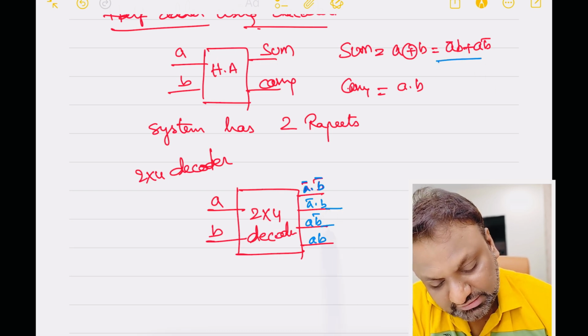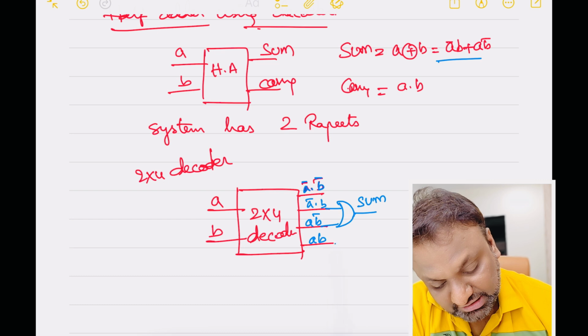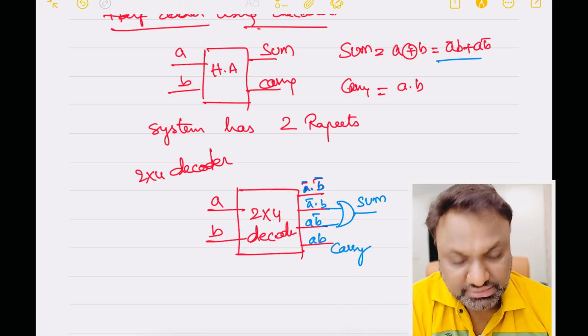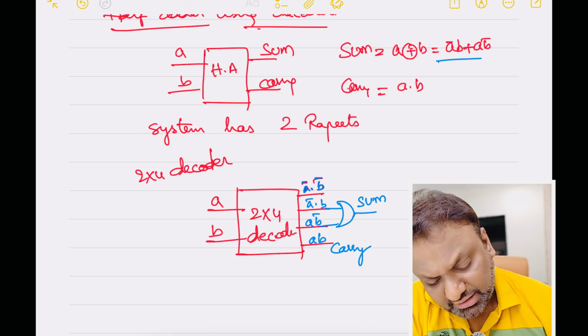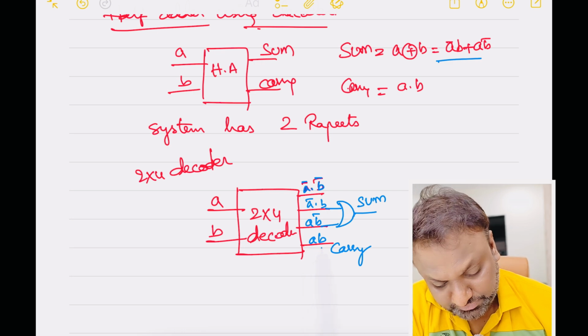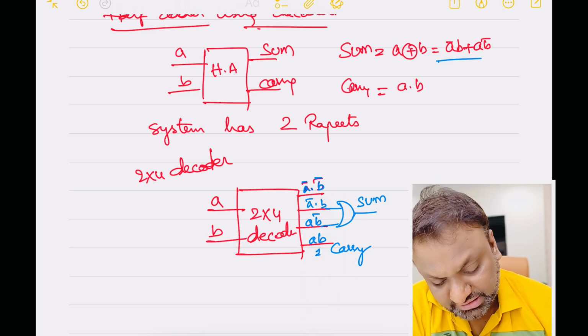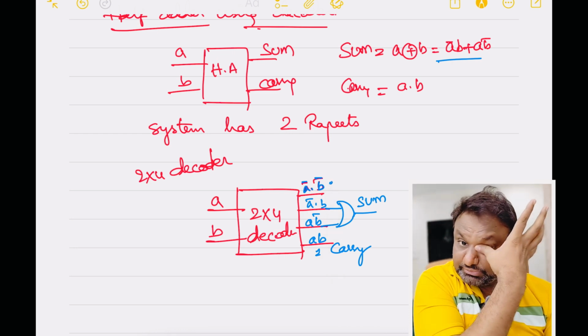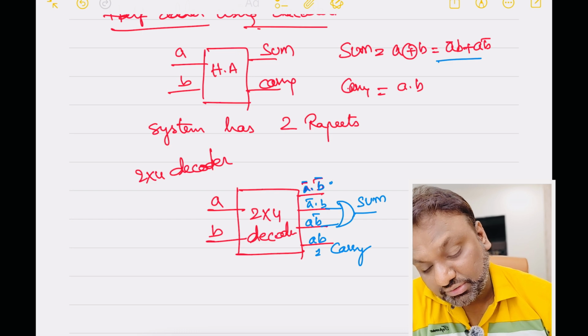So I will simply give it to an OR gate and call it sum. And A into B is my carry output. Okay, this is the implementation of a half adder using 2 to 4 decoder.